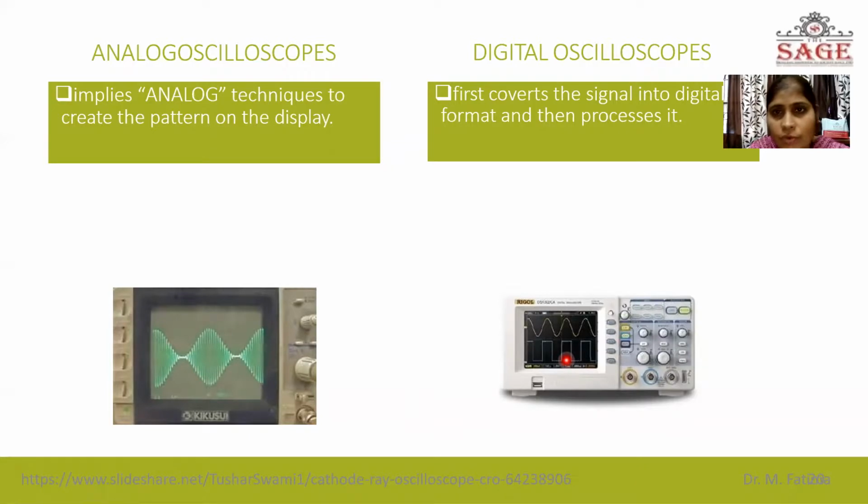The digital oscilloscope also has memory. It stores the signal, and for calculation purposes, when the cursor moves to any point of the waveform, the digital oscilloscope gives the value in digital form, whereas in the analog oscilloscope, we have to do the measurements ourselves. They will not be available on the screen, but in the digital oscilloscope, the measurements are readily available.